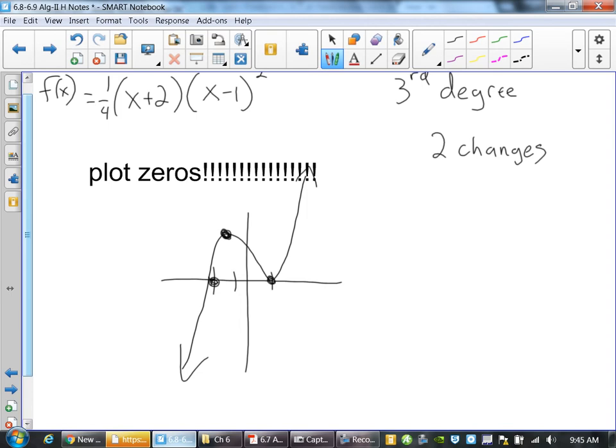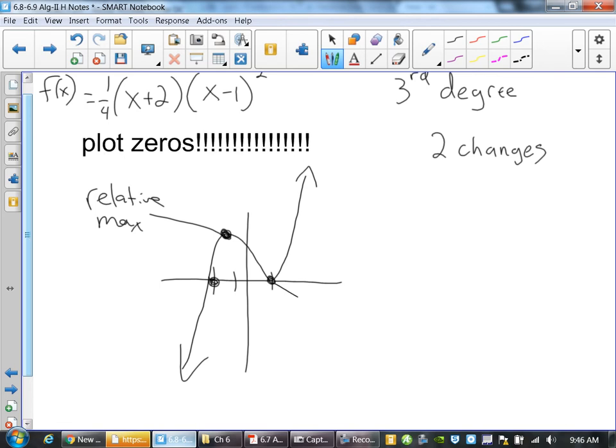Since it's not the maximum or the minimum of the entire function, because the function is continuous going through there, we call this a relative maximum. And then obviously this would be the relative minimum. That was very easy to find because it happens to change direction on the axis. It's at (1, 0).